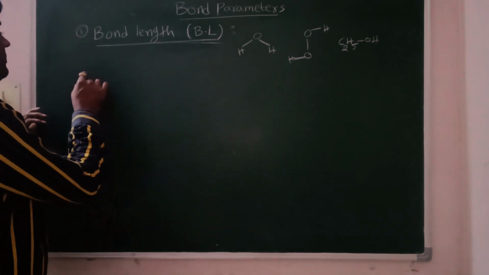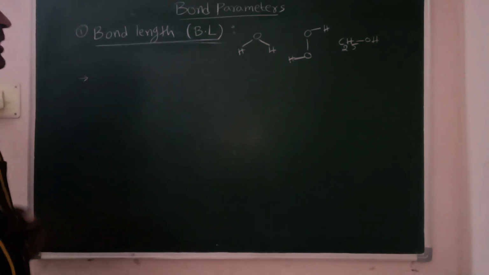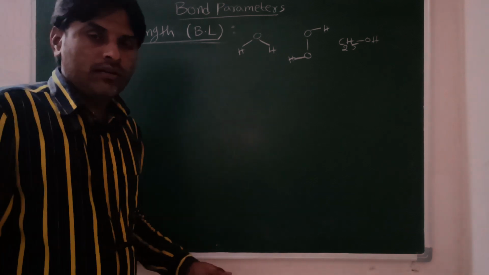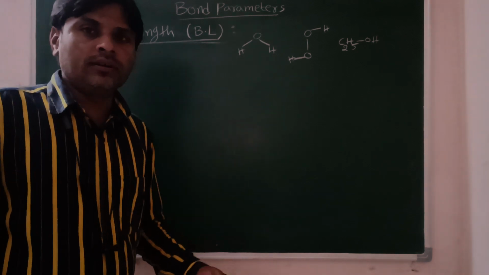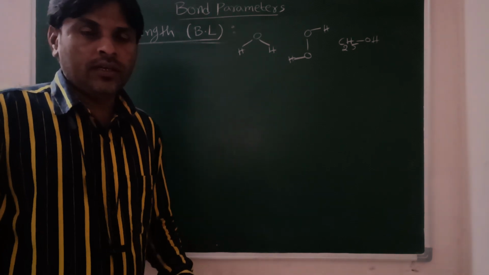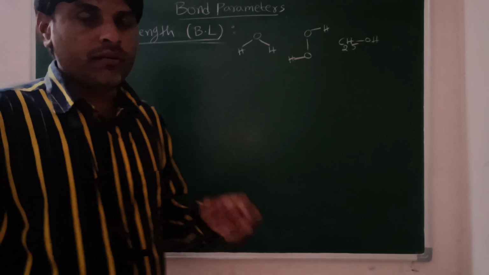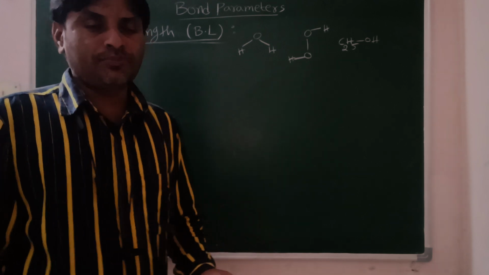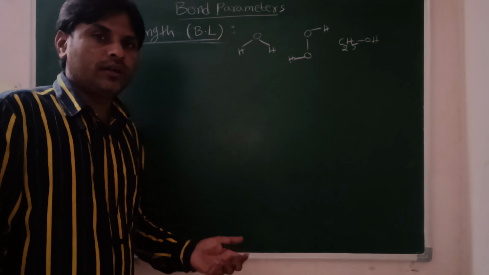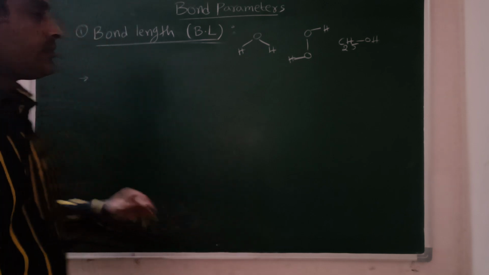And the next one: as the p character in a hybrid orbital changes, the bond length also changes. In hybrid orbitals, when the percentage of p character changes, the bond length also changes.